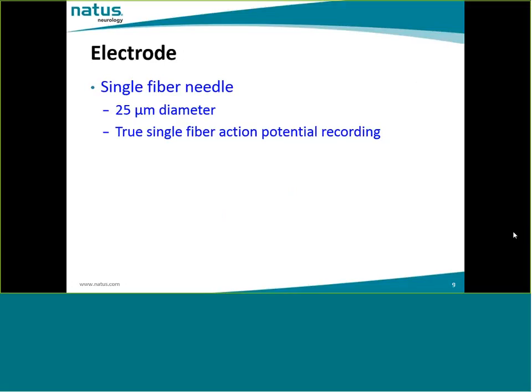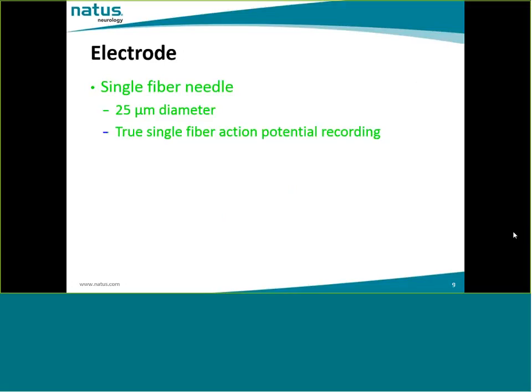However, this electrode is reusable. It is expensive. It is difficult to maintain. And in many countries, it is not allowed to use the needle again. And therefore, we must use disposable electrodes.